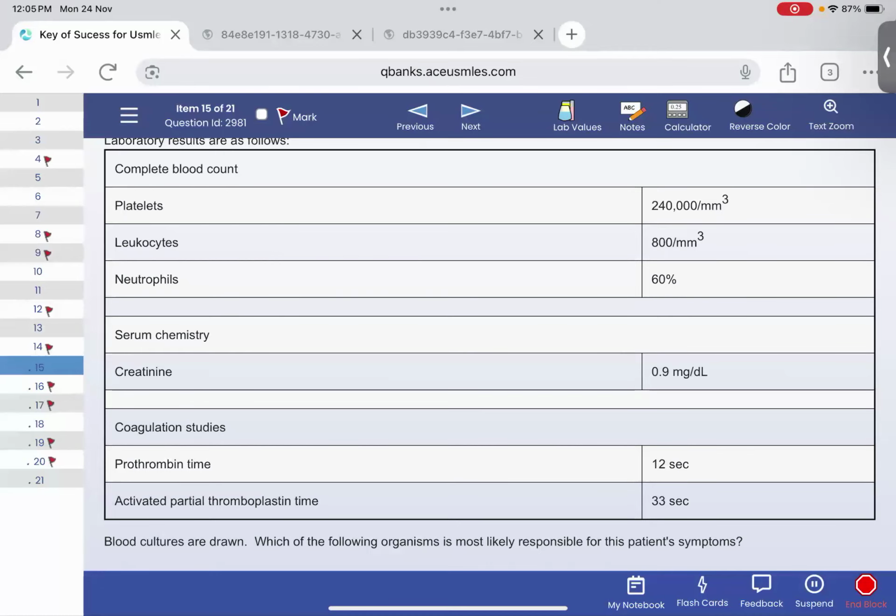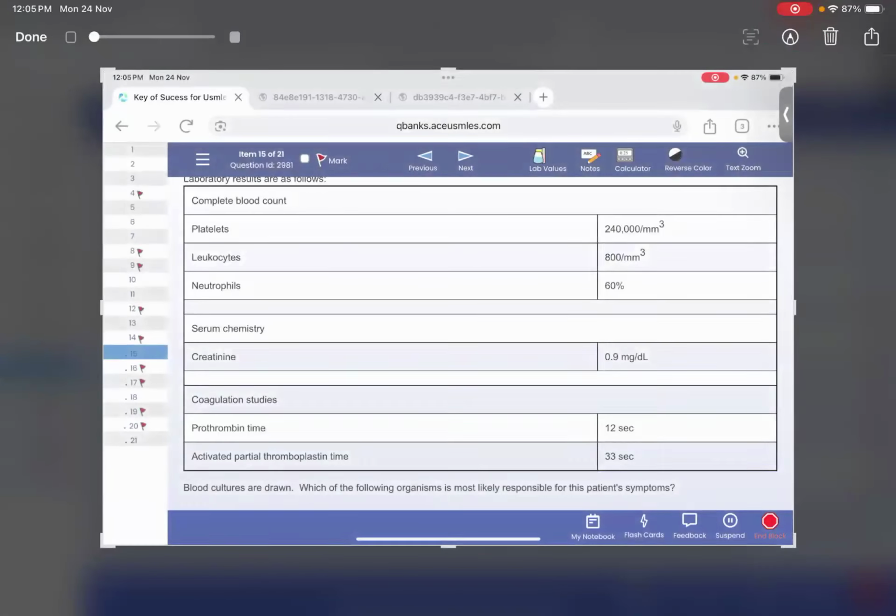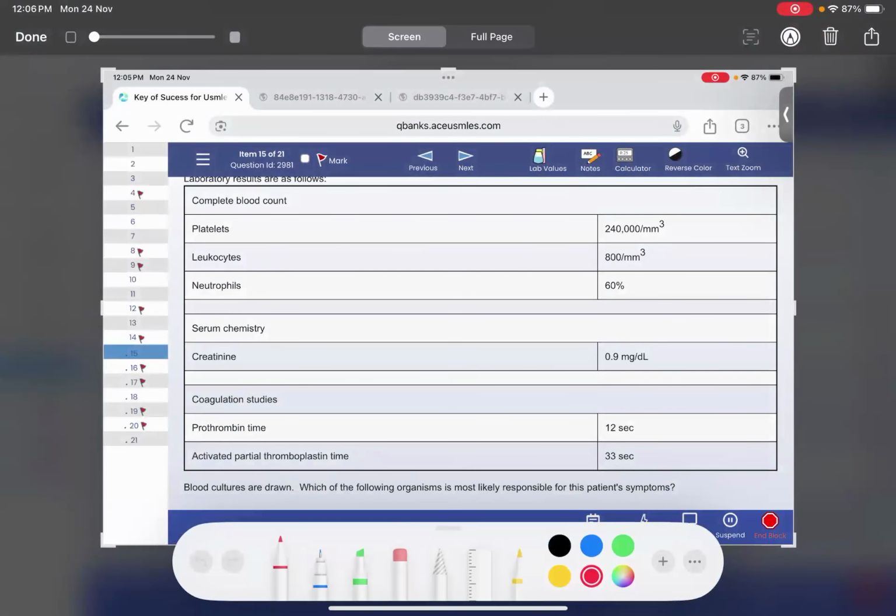So if you see the leukocyte count, it's 800 and neutrophils are 60%. So the absolute neutrophil count is the percentage of neutrophils multiplied by leukocytes divided by 100, right?